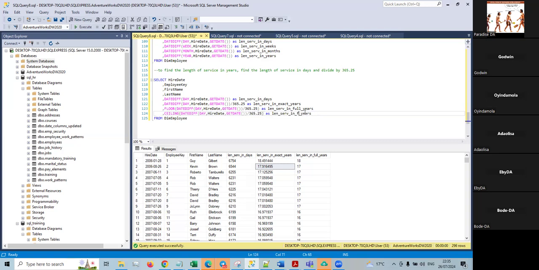Let's call this top years. Let's see what happens with this one. So the ceiling does the opposite of floor.